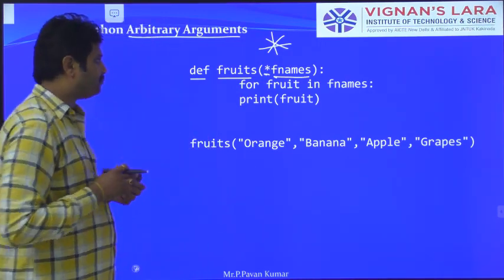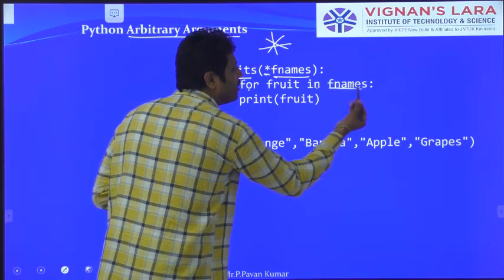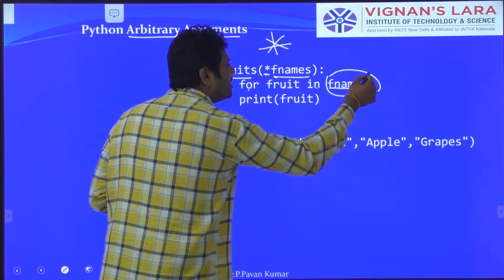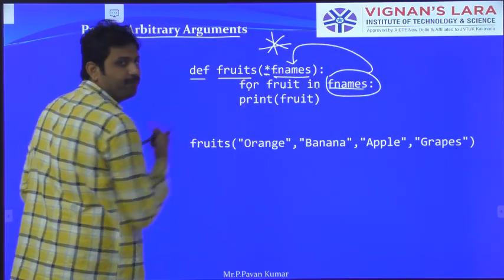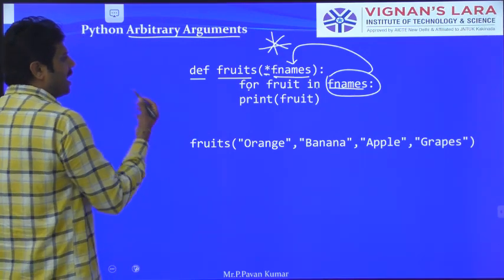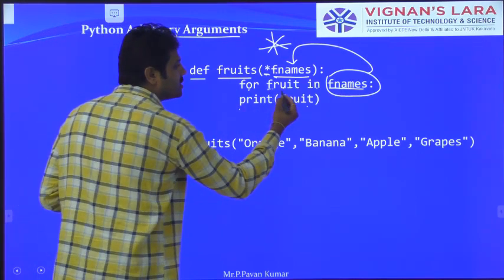Let us observe. I simply write for fruit in f names. What is f names? F names is nothing but what I am passing here. Print fruit. Fruit is nothing but this variable.